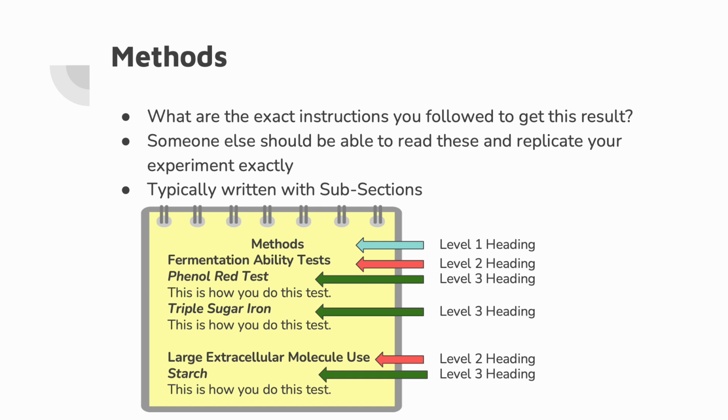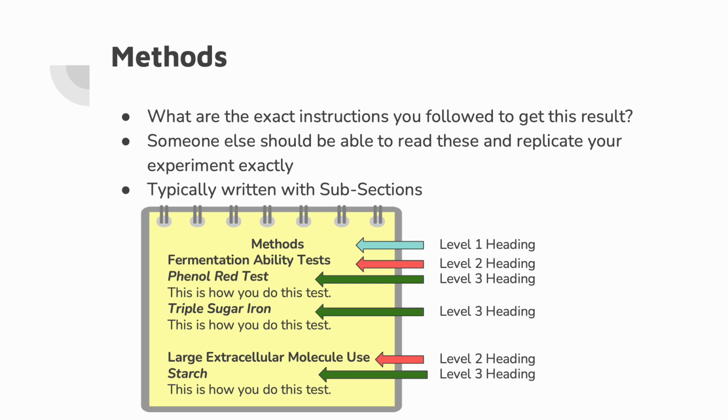For your subsection header, you can group the next group. I've grouped this a couple of times to give you examples. So a level 2 heading is fermentation ability tests. So I'm grouping anything that shows the microbe's ability to ferment things underneath this heading.